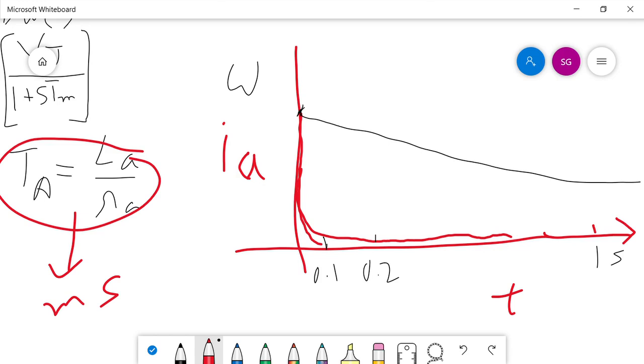You can see that while omega is changing, there is no effect of ia. The ia effect was only at the millisecond level here, but omega is continuously decreasing. So there is no significant effect of this change in current on the change in omega.